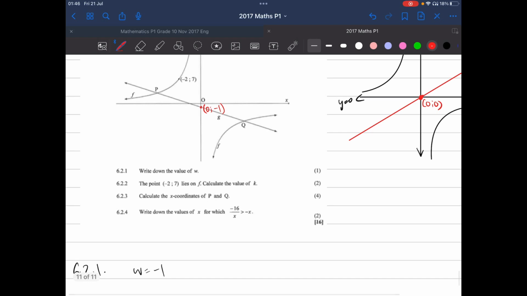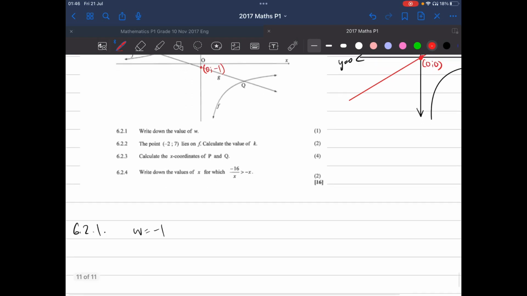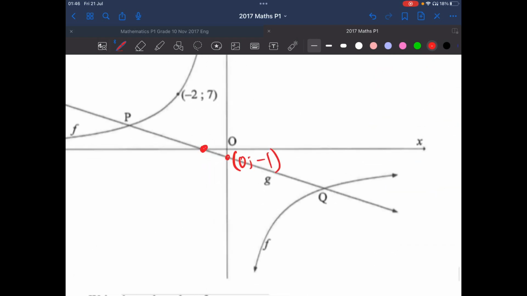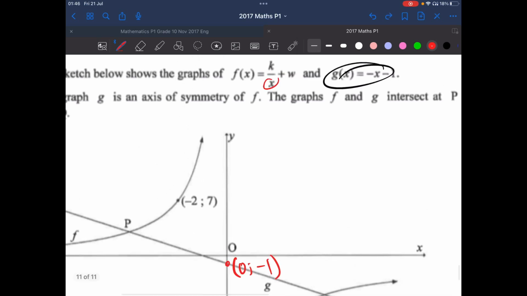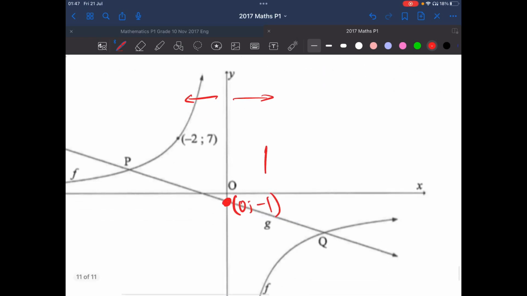So that's how we can conclude that that's at minus 1. Now you might ask, why didn't I assume that this is the point of intersection? The reason is because we know that there isn't a horizontal shift. So there isn't a shift in this way or that way. So this has to be at 0. But there is a vertical shift. So it moved down by 1.